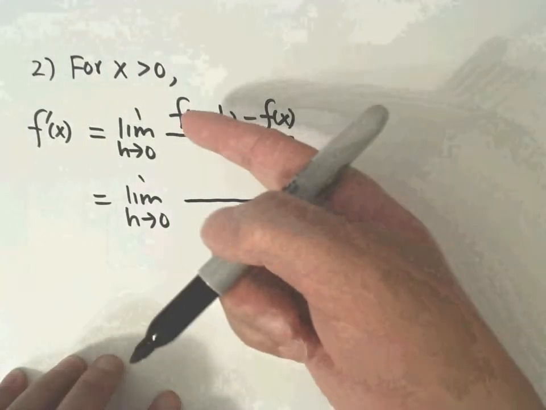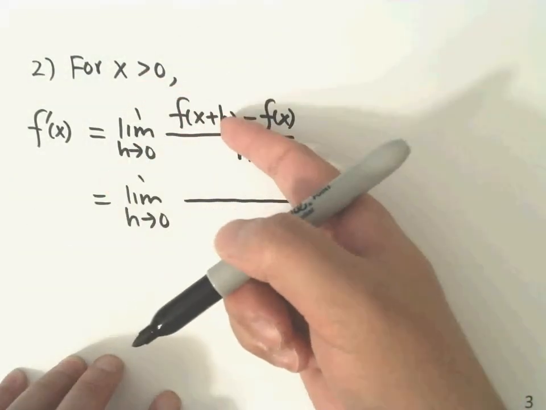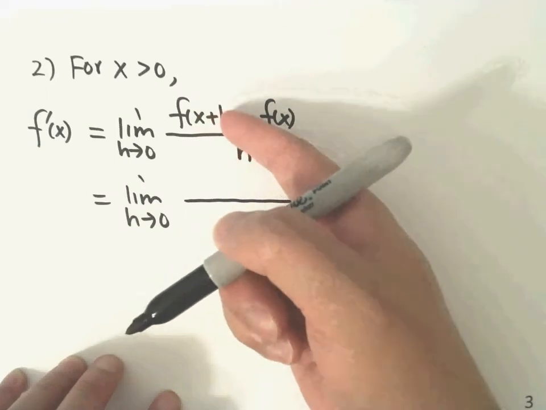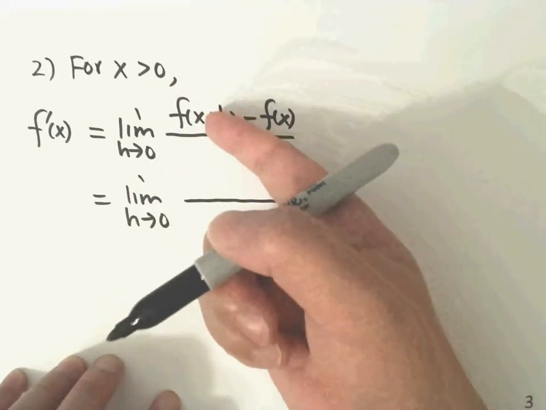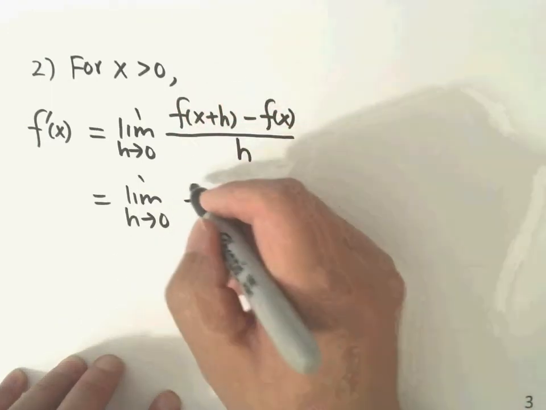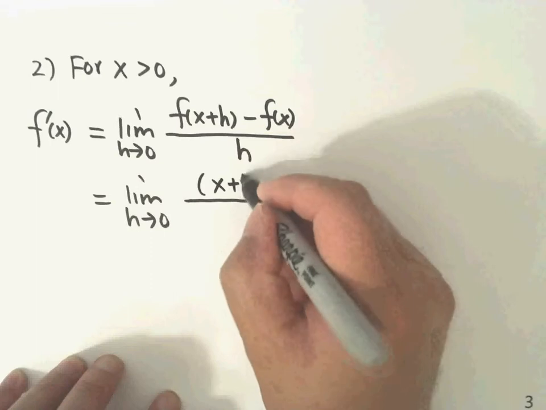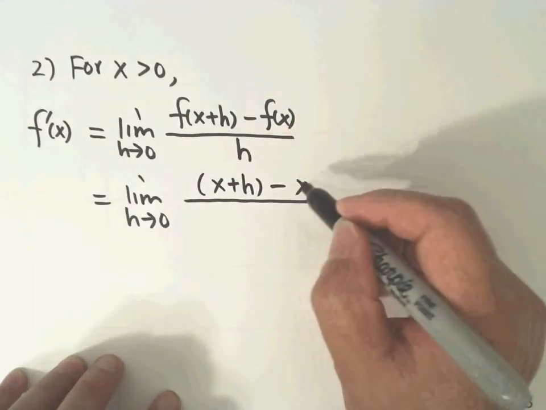This time x is greater than 0, h approaches 0, so h is small enough, therefore x plus h is still greater than 0. Put the absolute value: this is a positive number, so the absolute value is still itself, right? So x is greater than 0, so this is just minus x.